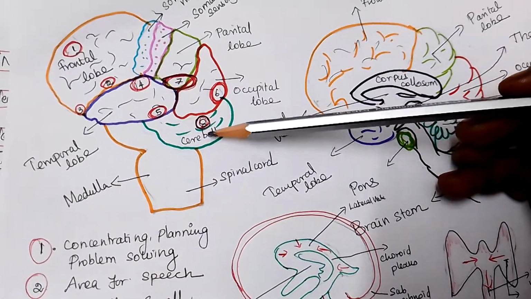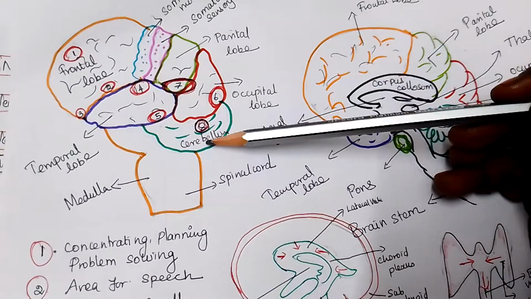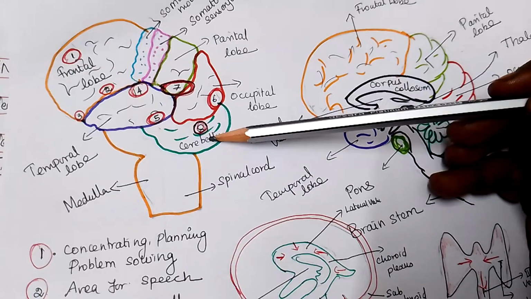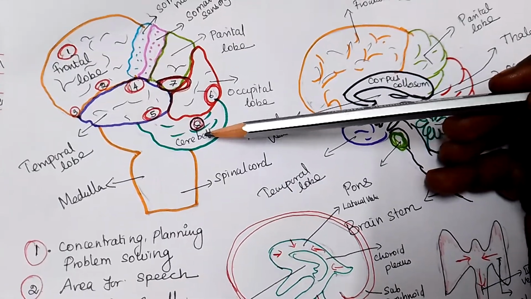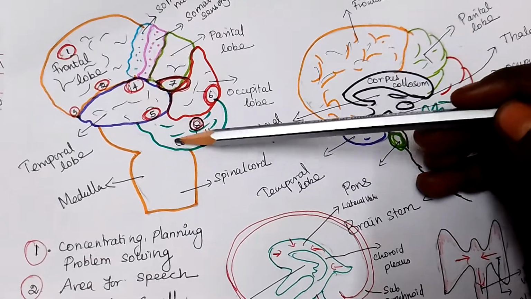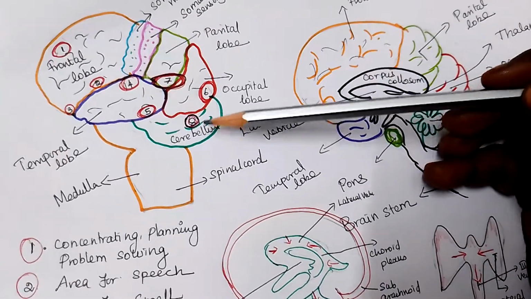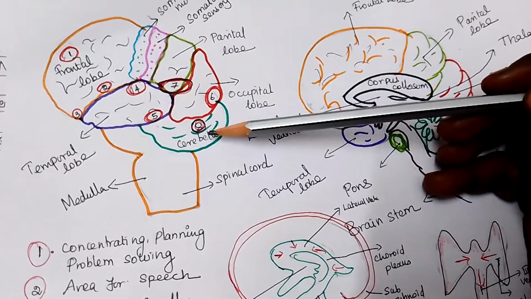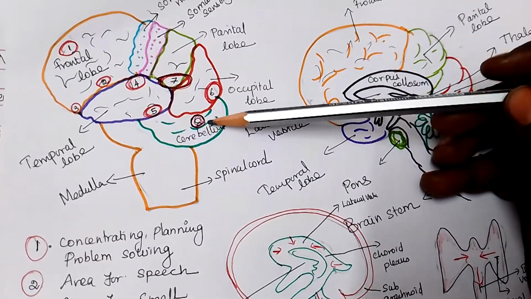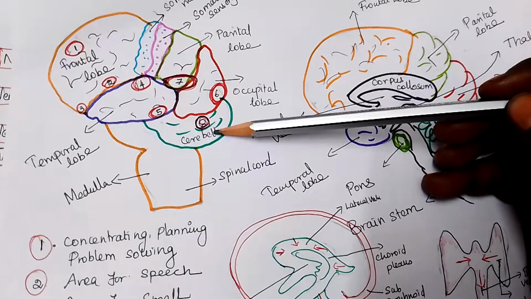This is the cerebellum. Cerebellum is otherwise called the mini brain. It's mainly for coordination. And whatever information is passing, one copy of the information also goes to the cerebellum. And another main important thing is proprioception. What is proprioception?